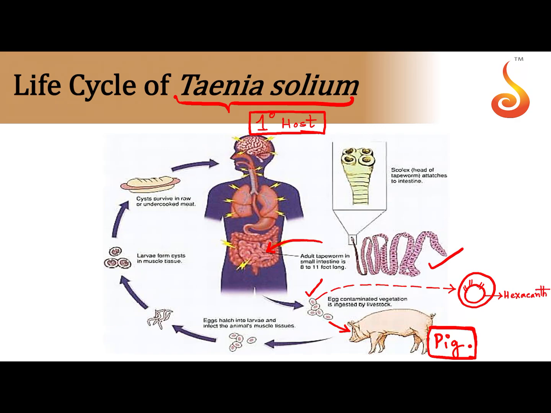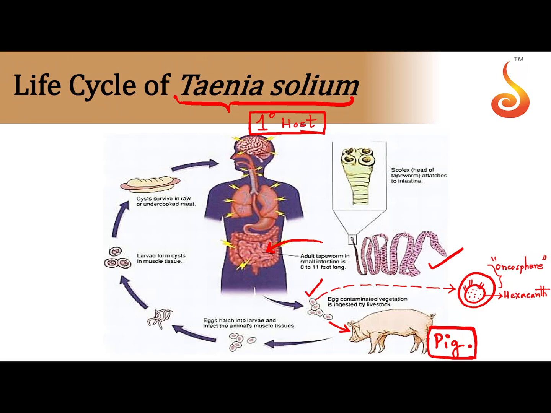The hexacanth larva along with the covering is referred to as the oncosphere. So this, which is let out along with the feces of the infected person, is called the oncosphere. It has a protective wall on the outside, and a larva sitting inside, which is referred to as the hexacanth larva because it has 6 chitinous hook-like structures.